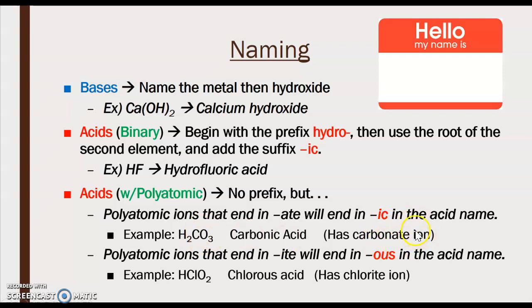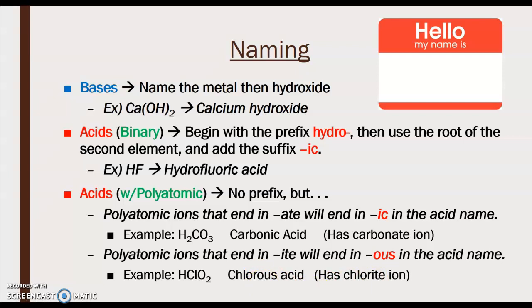The ending ate turns into ic. So instead of carbonate, you're just going to say carbonic acid. So no hydro. Just look at what polyatomic ion it is. Carbonate, ate becomes ic. In the other example, we have chlorite, so ite becomes ous. So chlorite turns into chlorous acid.